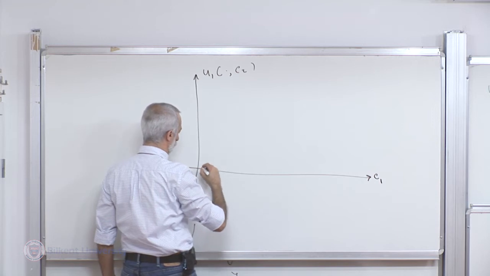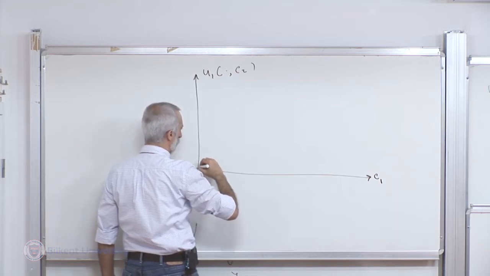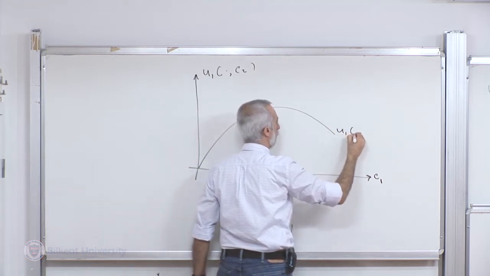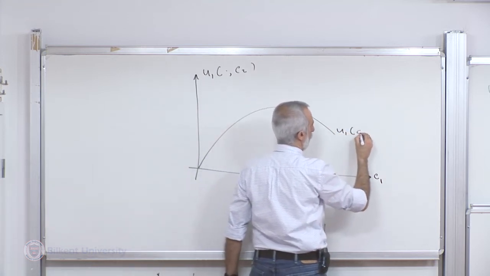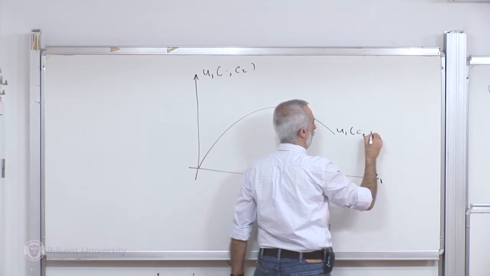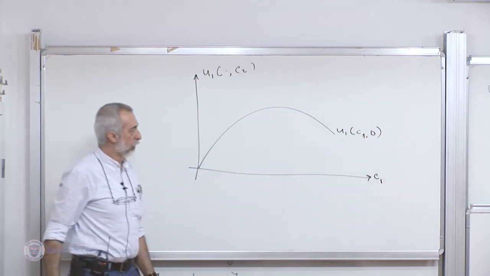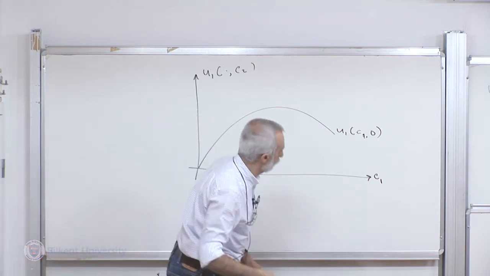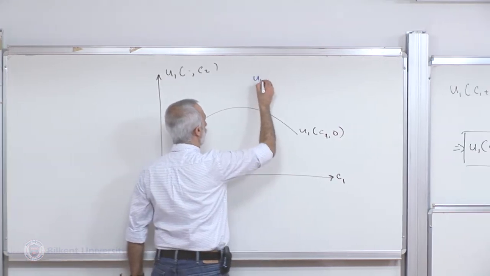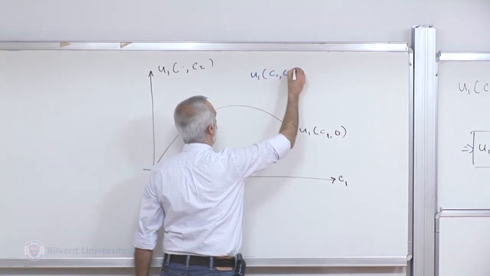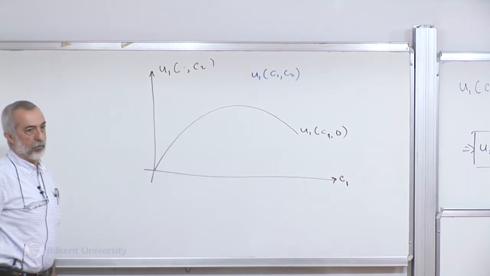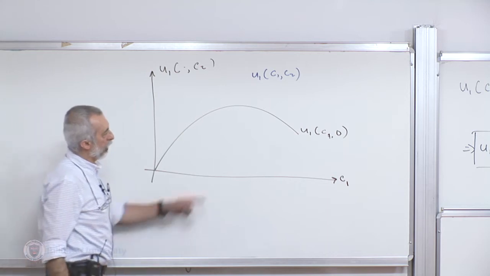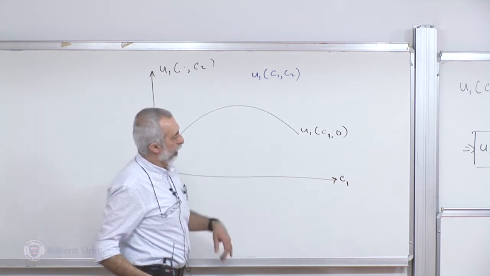So let me just draw it simply. If this is U1(C1, 0), what would the graph of U1(C1, C2) look like? Well, we talked about this last lecture.